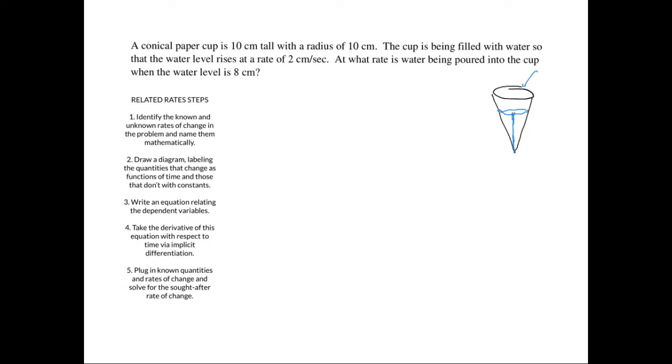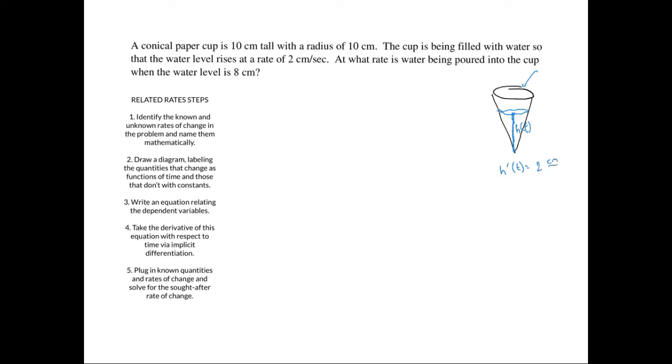So step 2 says label the quantities that change as functions of time. If you think about the height of the water, it's going to change as time changes because you're pouring water into the cup, right? So I'm going to label that as h of t because it's dependent on time. And the rate of change of that, we are told, which would be h prime of t, is 2 centimeters per second.